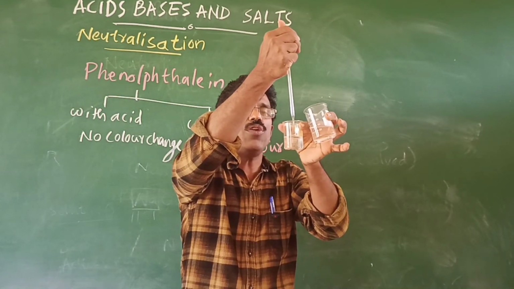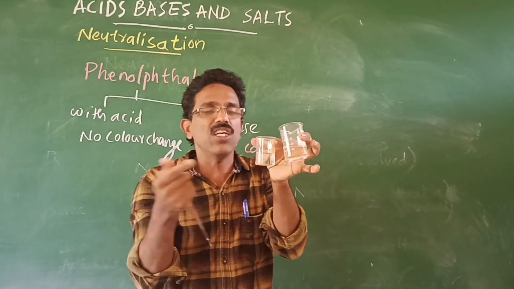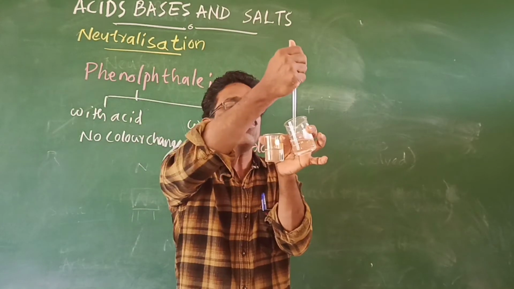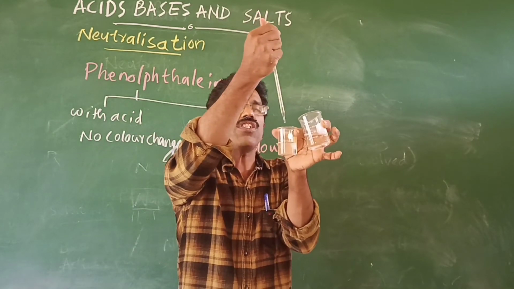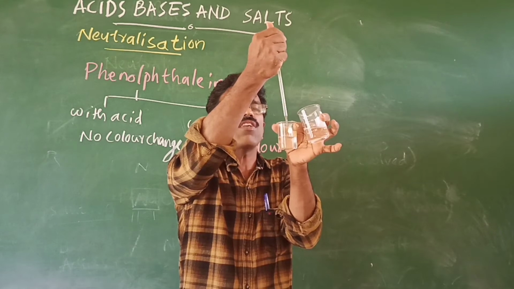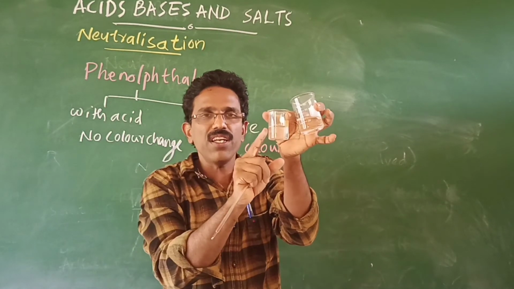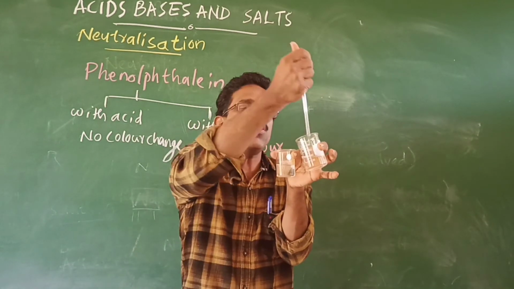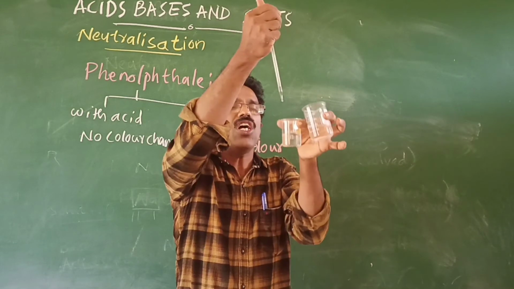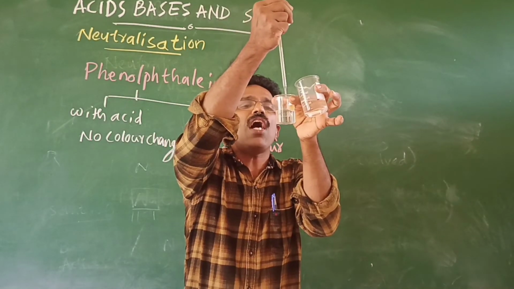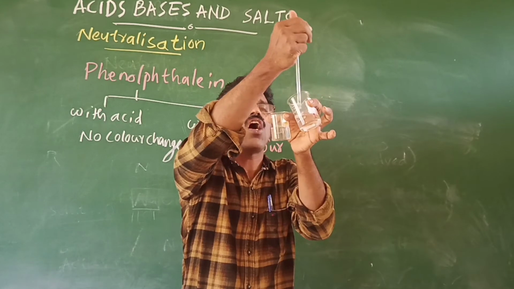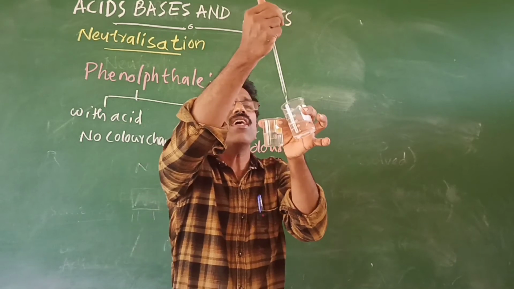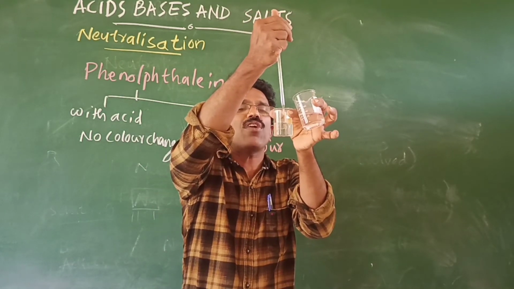Now the neutralization reaction has started. The acid molecules present here are reacting with sodium hydroxide. Still the solution is colorless. What is the meaning of that? The content of acid is more in this beaker. That is why it is reacting like this. Continue adding this sodium hydroxide.